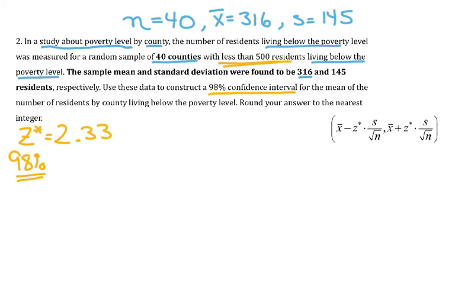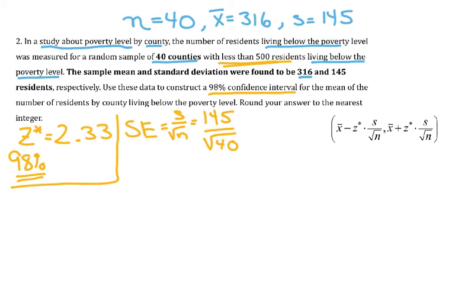Okay, let's do the other work we need to do. What is my standard error? That's s over the square root of n. That will be 145 divided by the square root of 40, which is 22.9 if we round. And what is our 98% error margin?